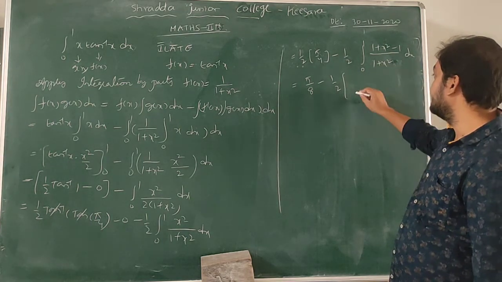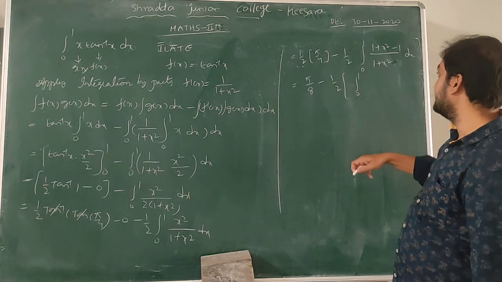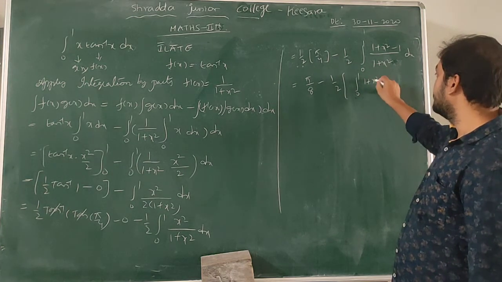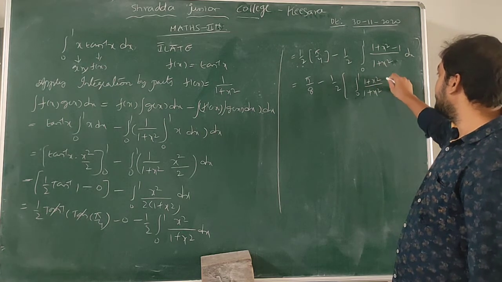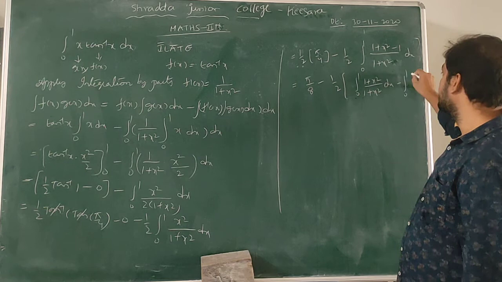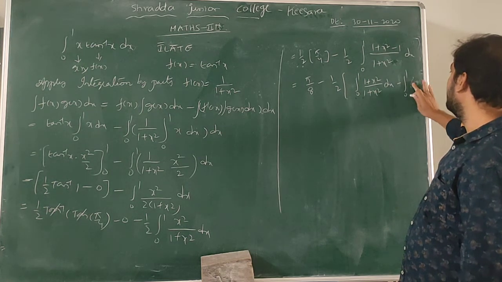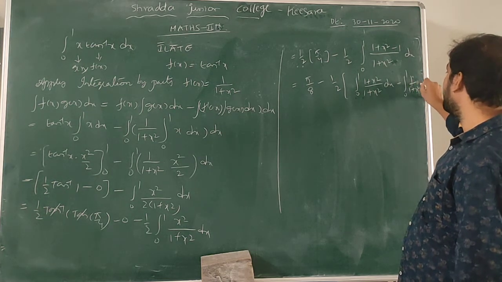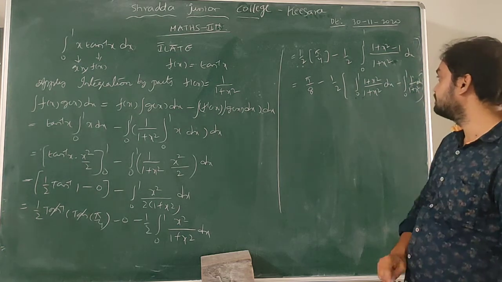Now split by the denominator here. What we are getting here: integration 0 to 1 of 1 plus x square by 1 plus x square dx minus integration 0 to 1 of 1 by 1 plus x square dx.